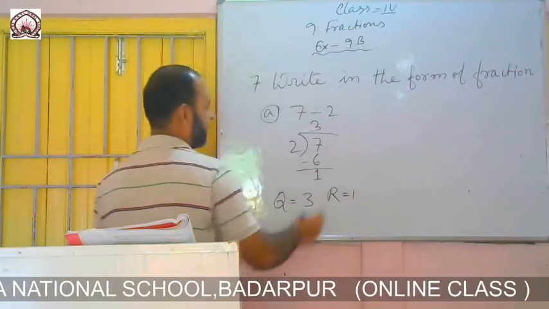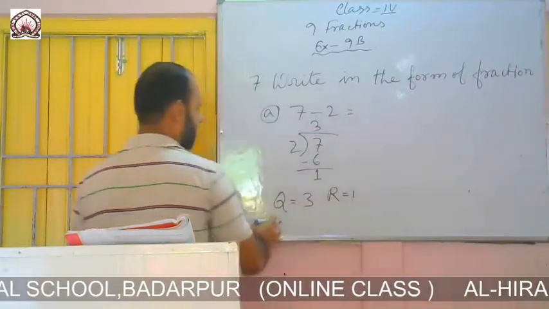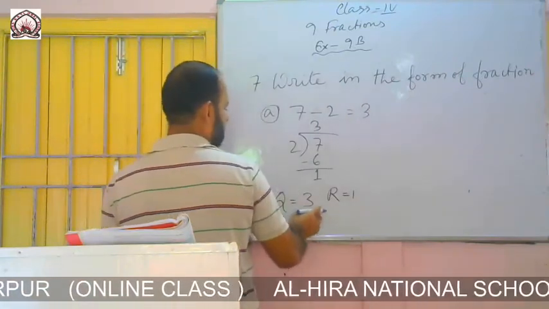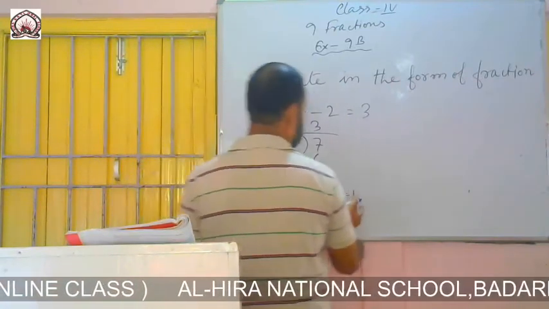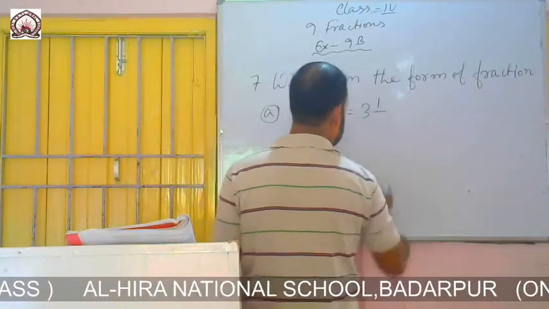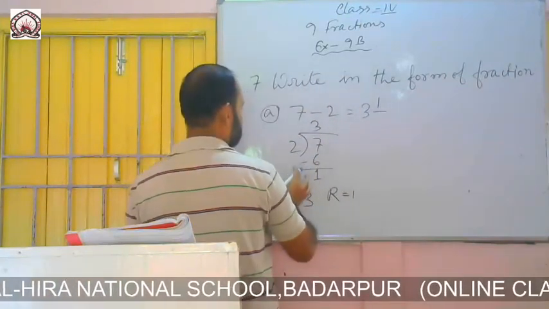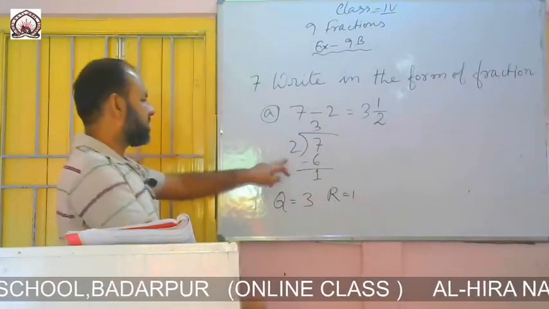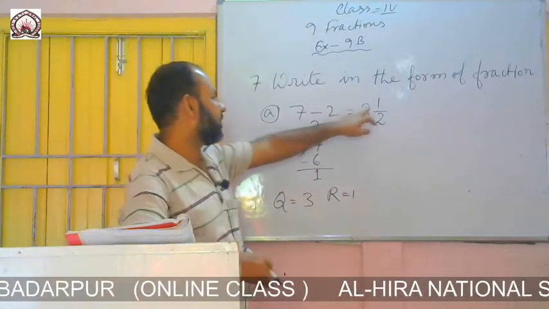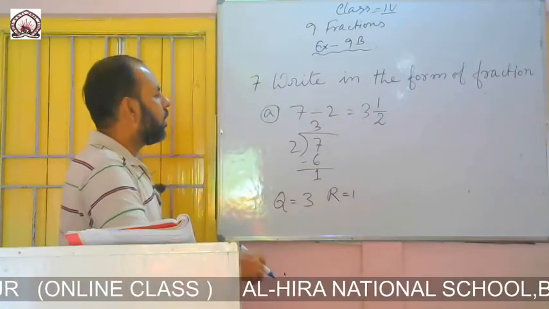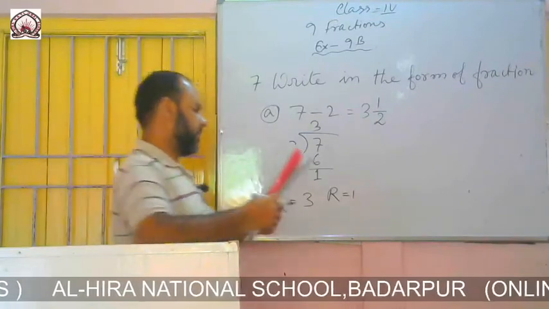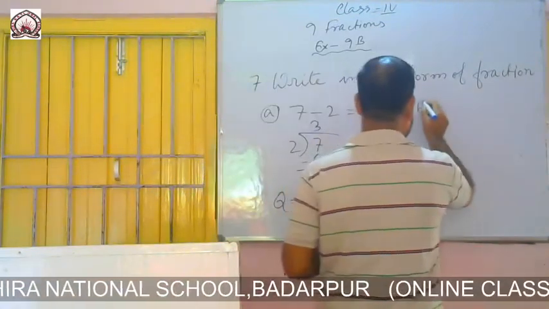So the fraction we got here, 3 is whole number and remainder is numerator and denominator is 2. So fraction is 3 1 by 2.